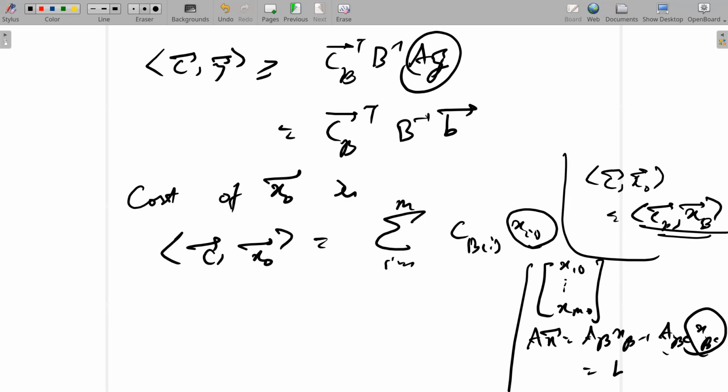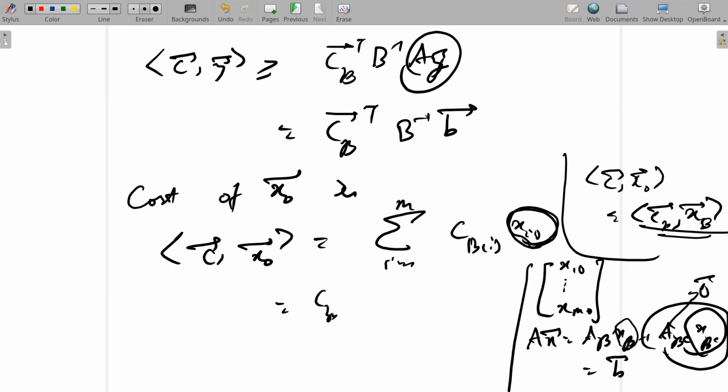So A_B x_B is in fact equal to b. That means x_B is nothing but A_B inverse b. In our notation, A_B is just the matrix with columns A_B1, A_B2 and so on put together, which we are calling just B, the matrix B. So x_B is nothing but B inverse b, and these are the entries of x_B.